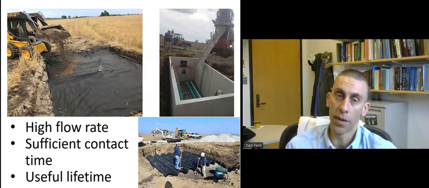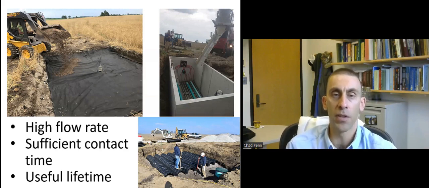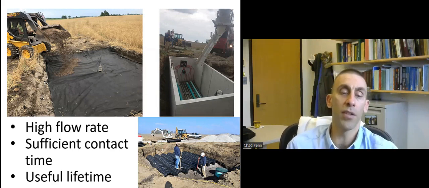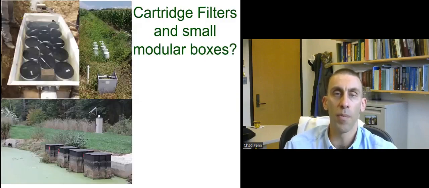Those two things can be at odds with each other sometimes, having a high flow rate and a sufficient contact time. It can be challenging in the design. And you also need a lot of media so that it has a useful lifetime. You don't want to be changing these filters every event, or even worse, lasting for less than an event. So it all translates to needing a large mass of PSM.